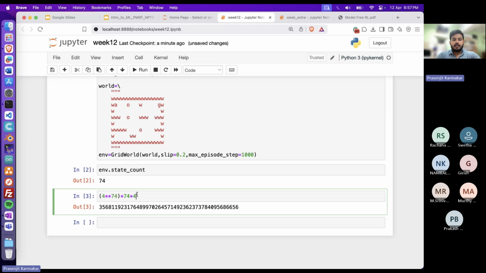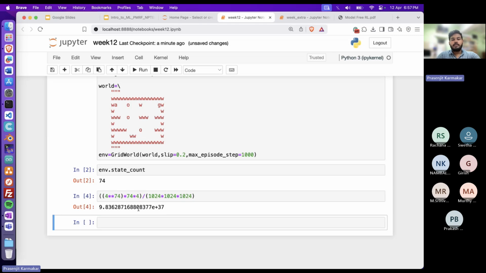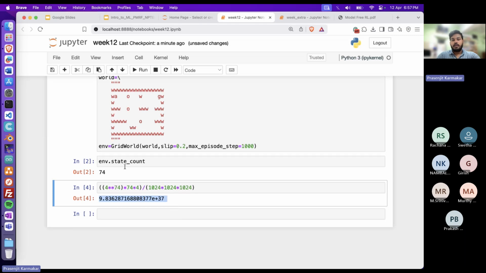Then you divide by 1024 to get kilobytes, again for megabytes, and again for gigabytes. Just bracket everything up. It gives you 3.89 times 10 to the power 37 GB of memory to store the possible policies. My laptop cannot store this, it has only 8 GB of RAM.